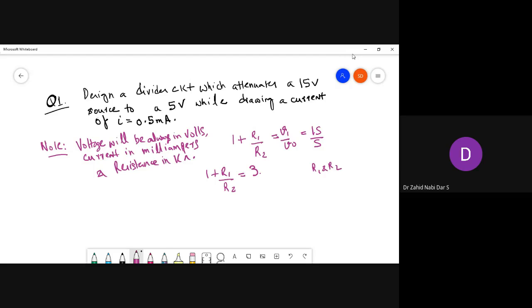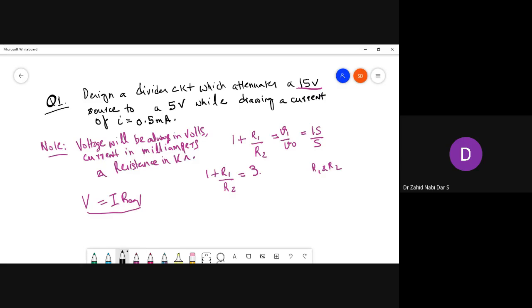How do you calculate the value of R1 and R2? If this is the output voltage, I can say my V is equal to I into R equivalent. Remember one important thing: voltage division rule is applicable only in series network. It cannot get applied everywhere.